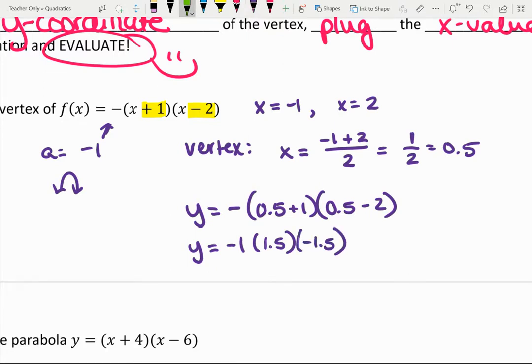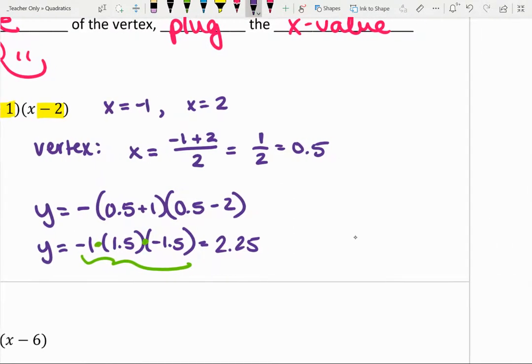And if I were to plug all of this into my calculator, right, this is just negative 1 times 1.5 times negative 1.5, we would get positive 2.25. So our vertex is at the coordinate point 0.5, 2.25.